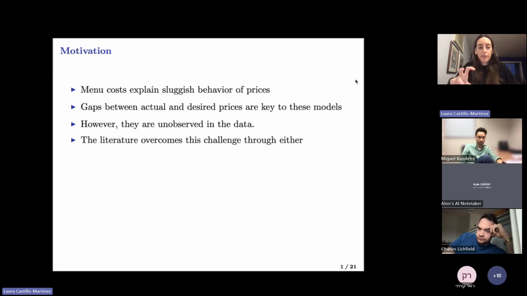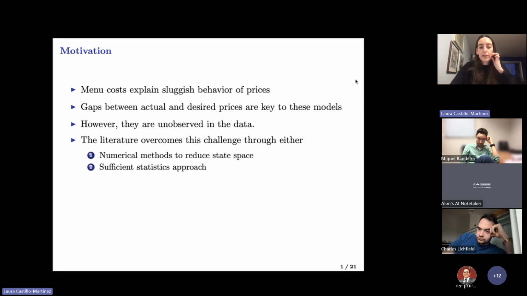The literature has often overcome this challenge in one of two different ways. More traditionally, researchers have relied on numerical methods to reduce the state space, because this is an infinitely dimensional object we're not observing. The goal is to reduce the state space to be able to solve the model structurally and therefore give predictions entirely from the theoretical perspective.